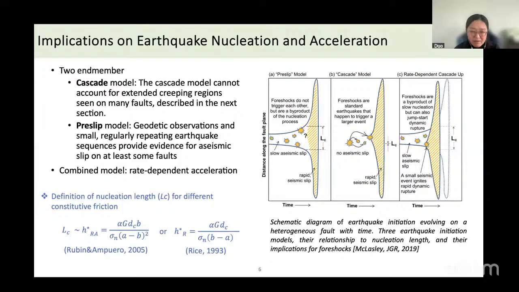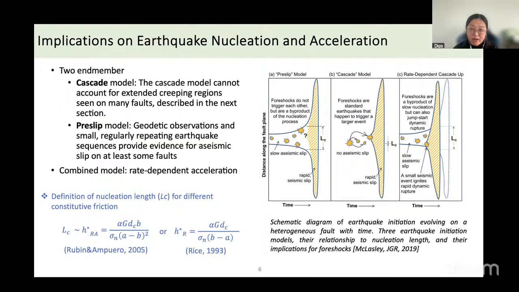In contrast to the cascade rupture model, the pre-slip model shows that there exists a larger nucleation length Lc. Within this larger area, the fault strength is lower, but it can nucleate in a larger area.